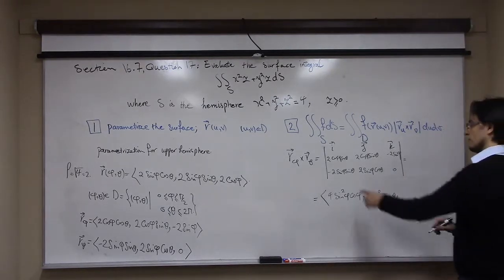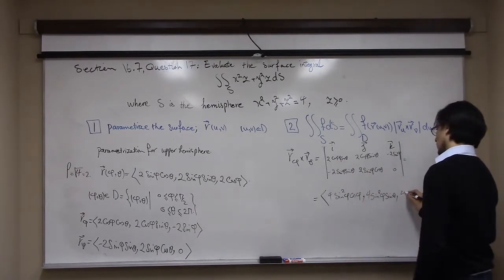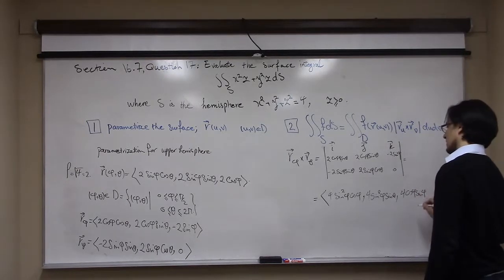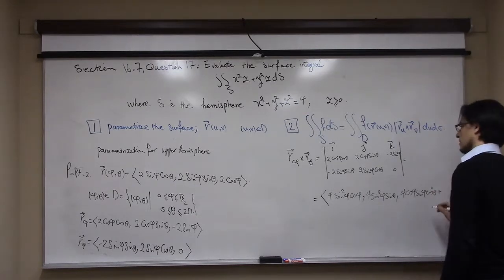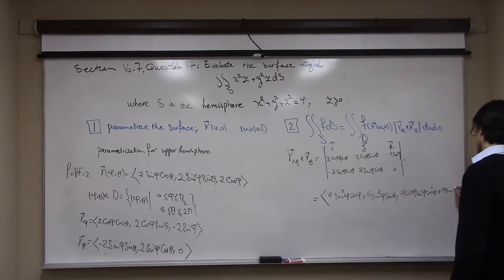And for the third one, I have 4 cosine phi sine phi times cosine squared theta plus 4 sine phi cosine phi times sine squared theta.